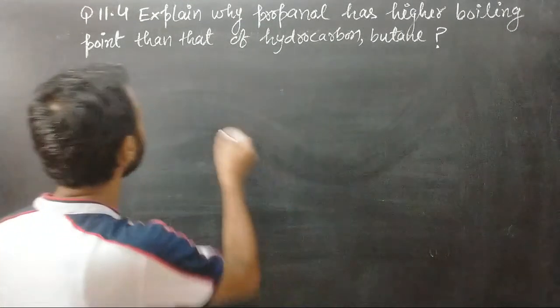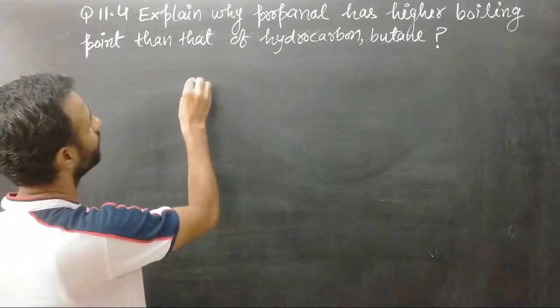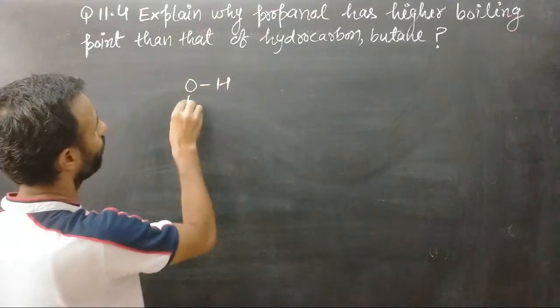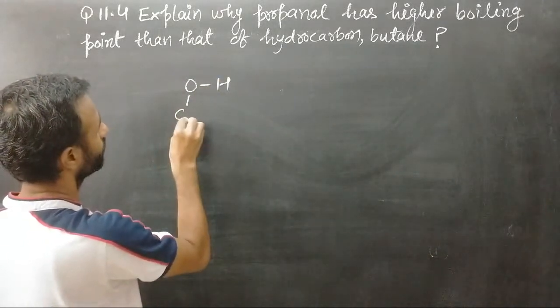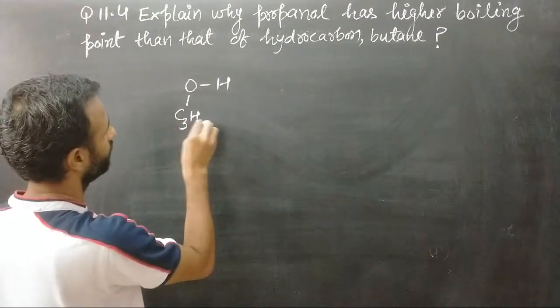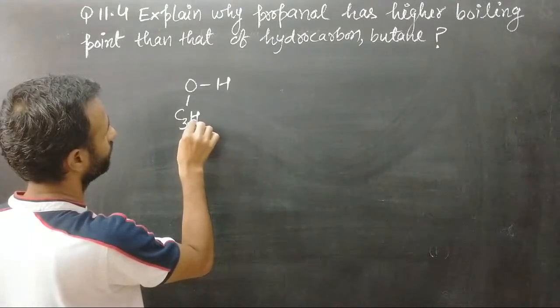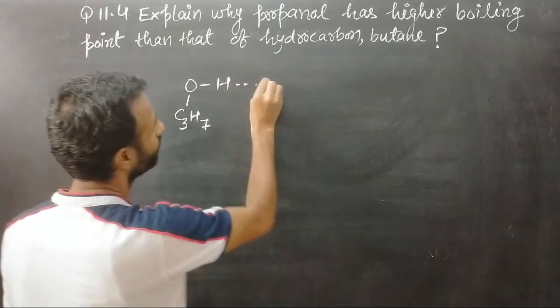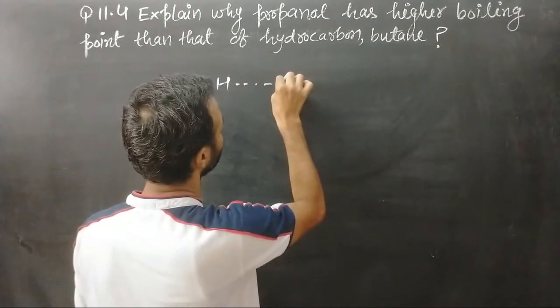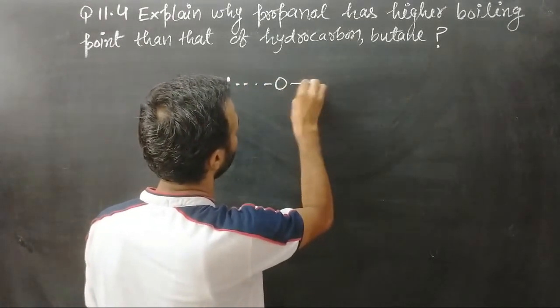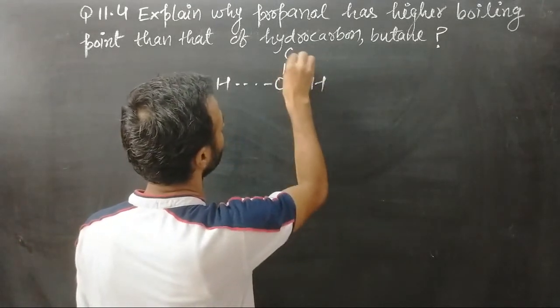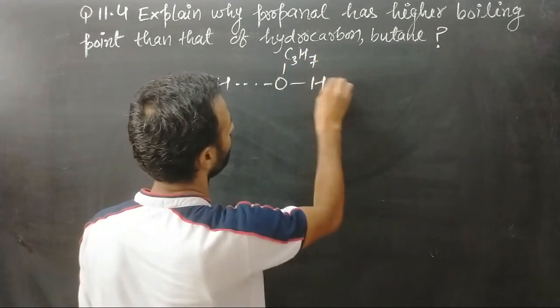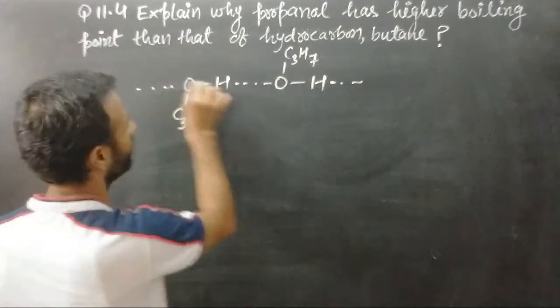So you should write propanol, C3H7OH, C3H7, OH, like this.